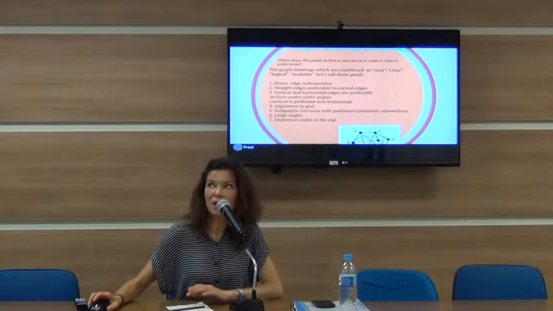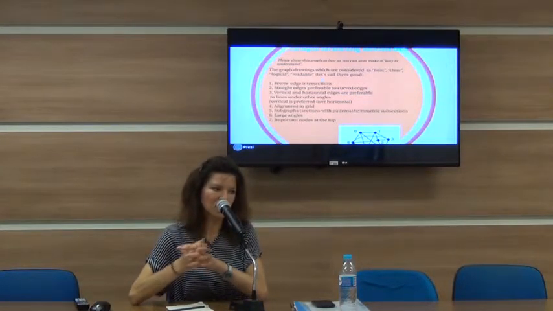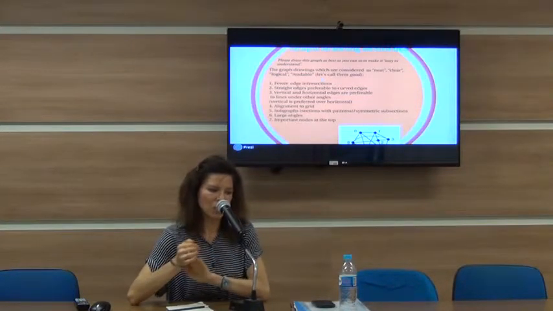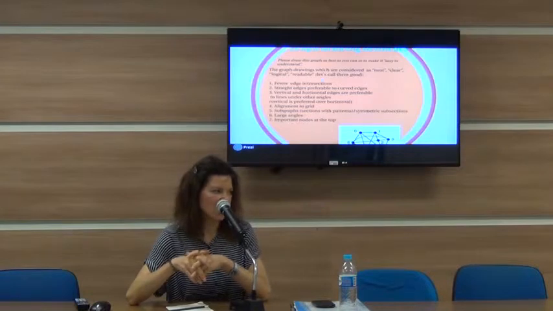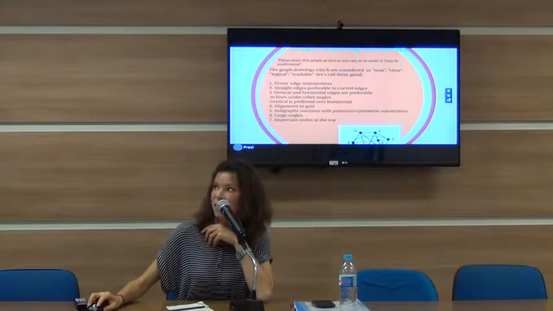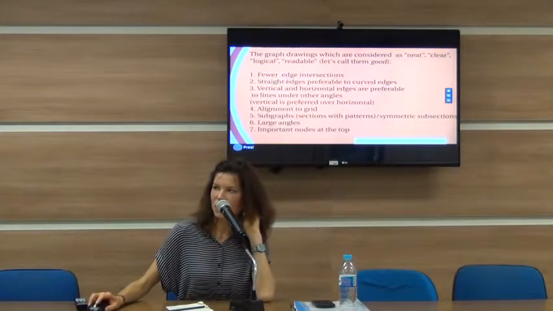They drew several pictures, and they were asked, could you please choose the one which is the best, the most clear, the most understandable. And here is the list of properties they came up with. What were they saying?